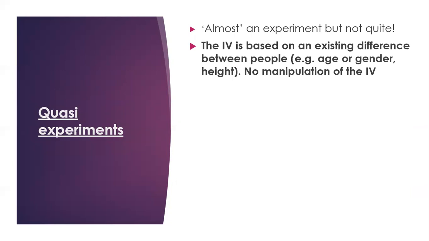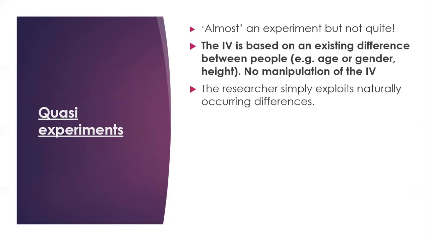Here, there's no manipulation whatsoever. What really happens is the researcher simply exploits this naturally occurring difference between ages, between sex, males, females, masculine, feminine, height, 5 foot, 6 foot, 7 foot. These are pre-existing differences that the researcher takes advantage of.